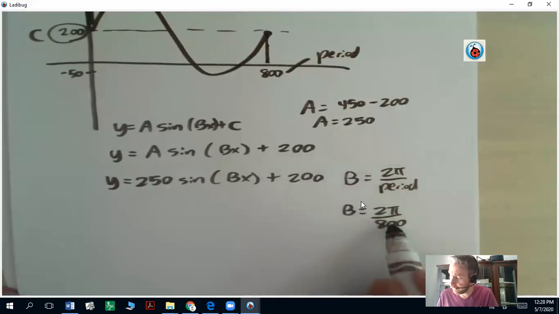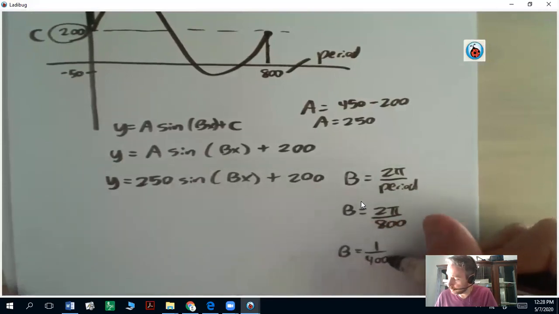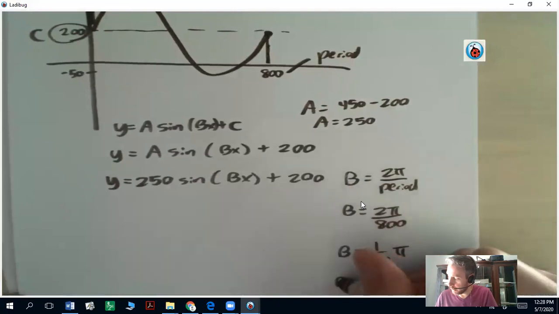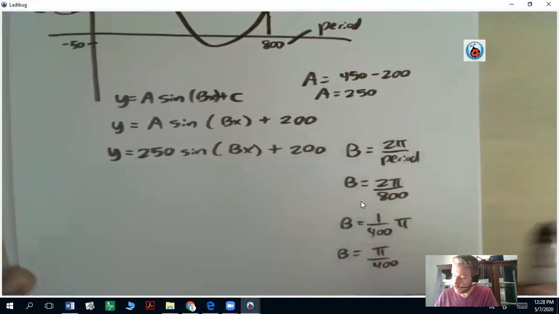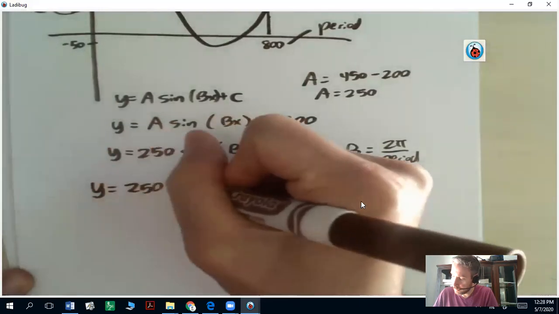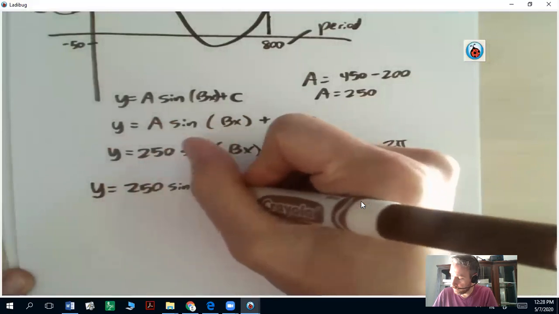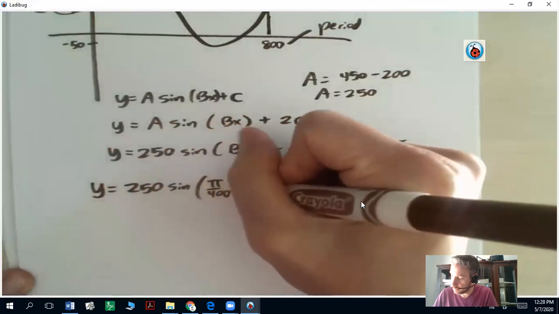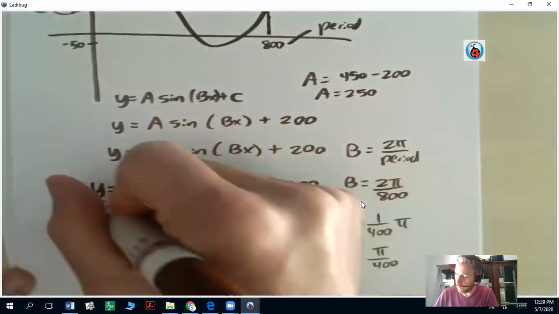So these can both be divided by 2. So it's going to be 1 out of 400 pi, or we would just write pi over 400 for your b value. So your final equation should look like 250 sine pi over 400x plus 200. So that's what we want to look for on this problem.